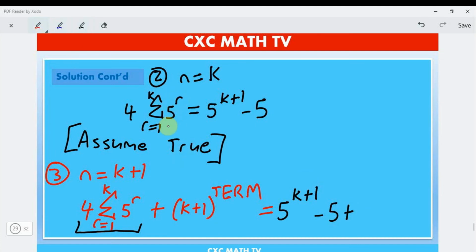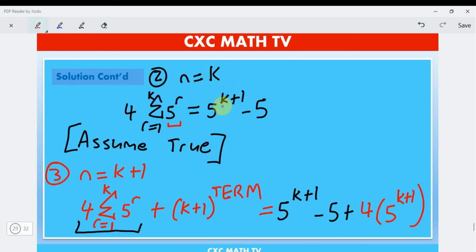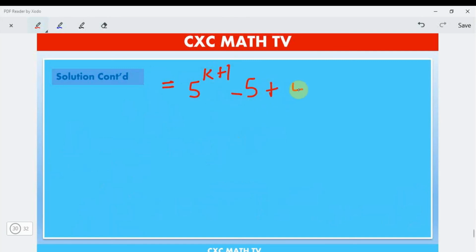Replacing r with k plus 1, this is then plus 4 times in bracket 5 to the k plus 1. So this is now equal to 5 to the k plus 1 minus 5 plus 4 in bracket 5 to the k plus 1.